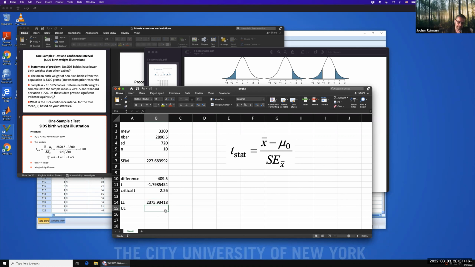In the same fashion, you calculate x bar plus 2.26 multiplied by the standard error of the mean. That gets you the upper limit.